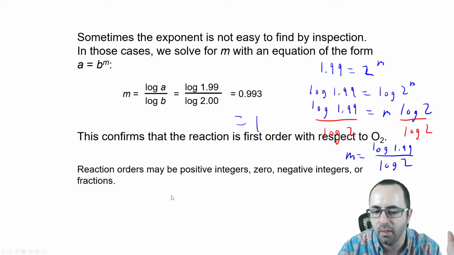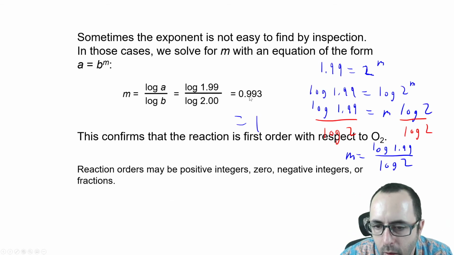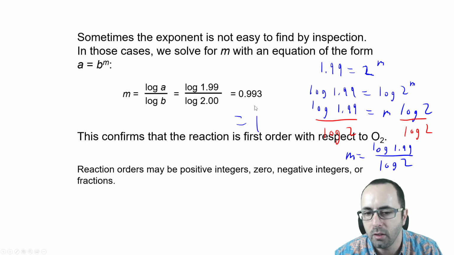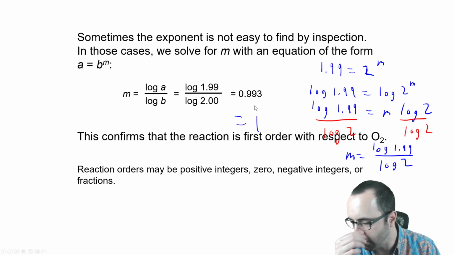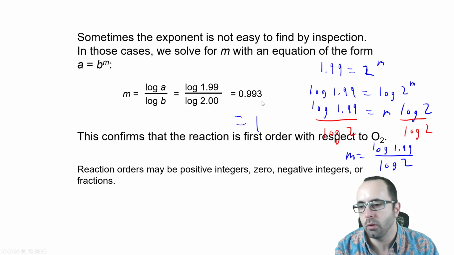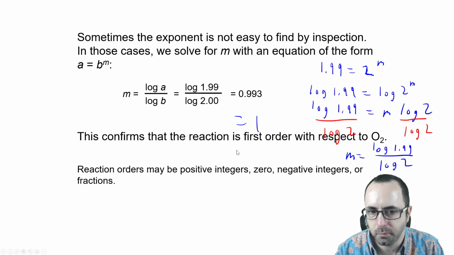They can be fractions, but as I said, they're not going to be some weird fraction. This is close enough to 1 that it must be 1. It's usually going to be an integer. But that's a way that you can figure out the order, even if the numbers are not clean. Just hit both sides with a log, and then use algebra rule C2 to pull out the exponent.